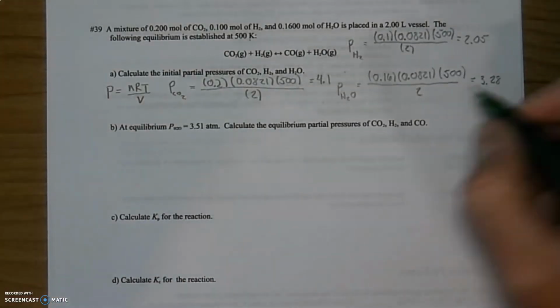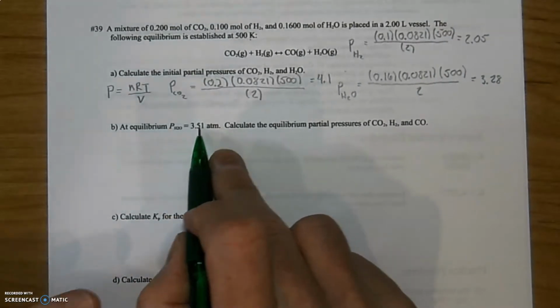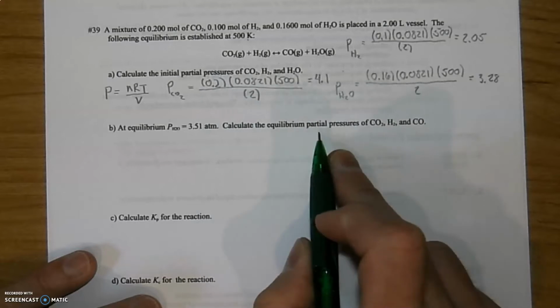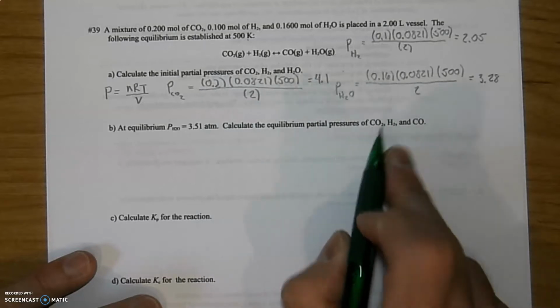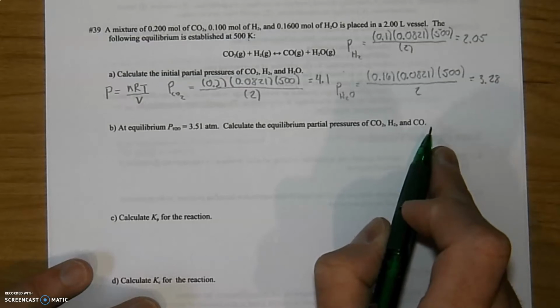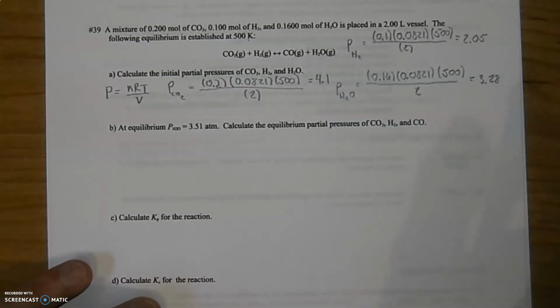At equilibrium, the water pressure has a pressure of this. Calculate the equilibrium partial pressures of the other 3. All right, well, I guess if we're going to look at this one, we have to do something that we haven't done up to this point. Let's take a look.